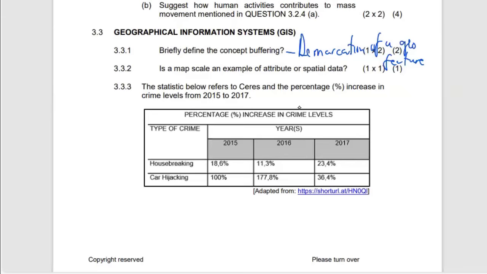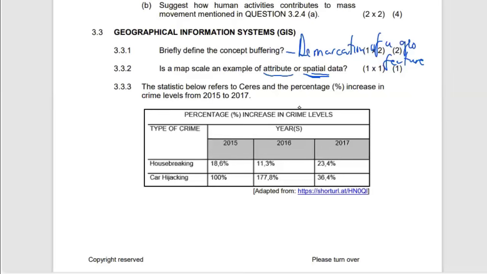That is buffering. Is a map scale an example of attribute or spatial data? When you're looking at those two, spatial and attribute, you must be able to find out. Spatial data shows the location of a feature in terms of coordinates.